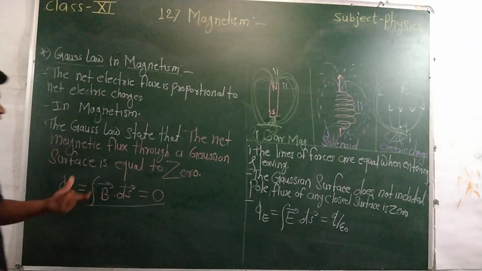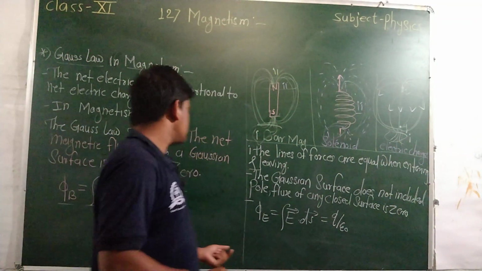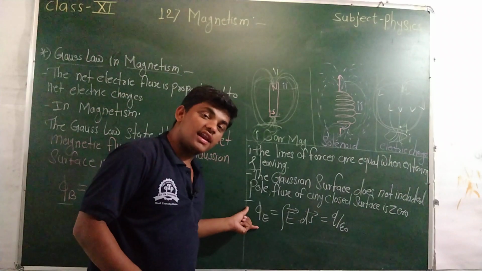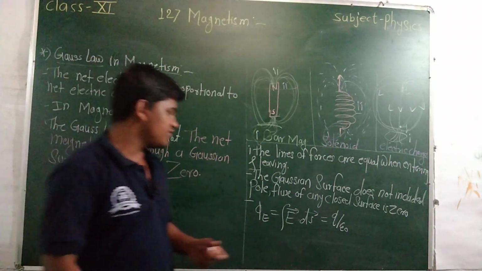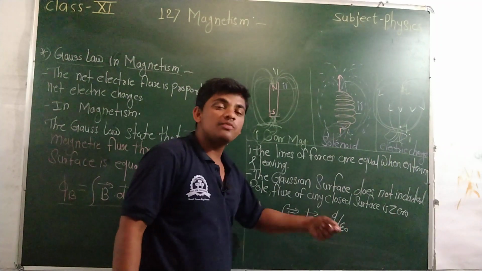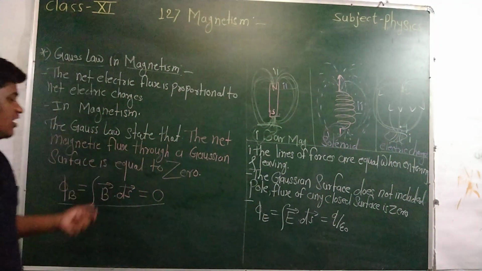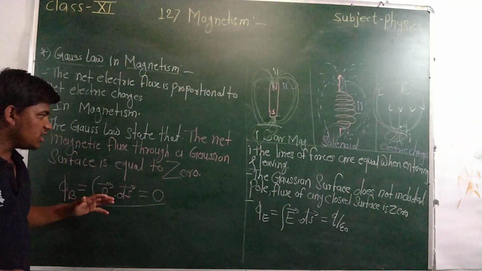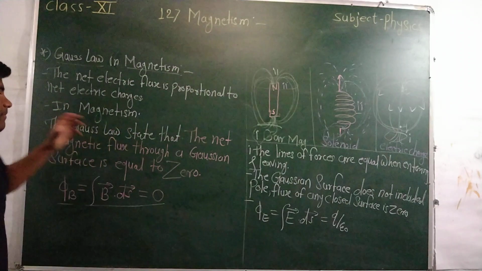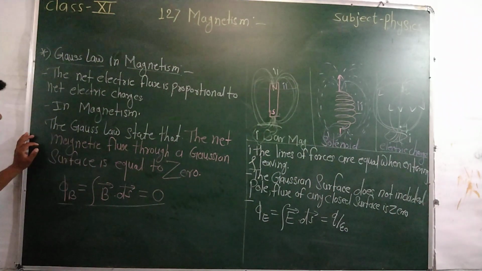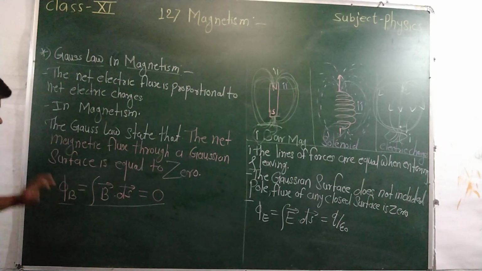When we consider electric flux in the electric field, we use this equation: the net electric flux through a closed Gaussian surface is proportional to the net electric charge enclosed. Then Gauss law for the magnetic field states that the net magnetic flux through a Gaussian surface is equal to 0.